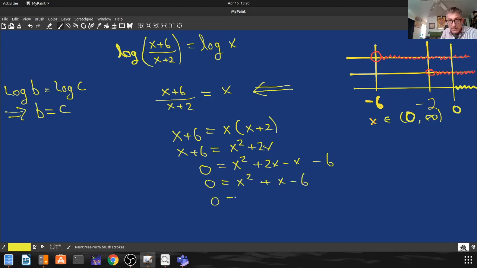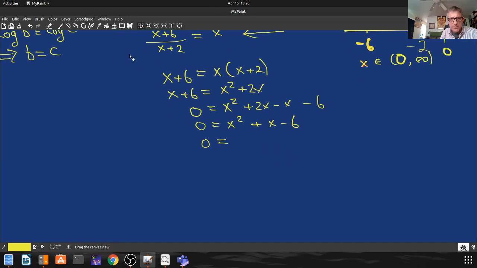And we're going to factor this, and we can indeed factor it. Hopefully you're getting good at factoring and you can do this in your head. This is x plus 3 times x minus 2. So this implies x plus 3 is equal to 0, or x minus 2 is equal to 0.